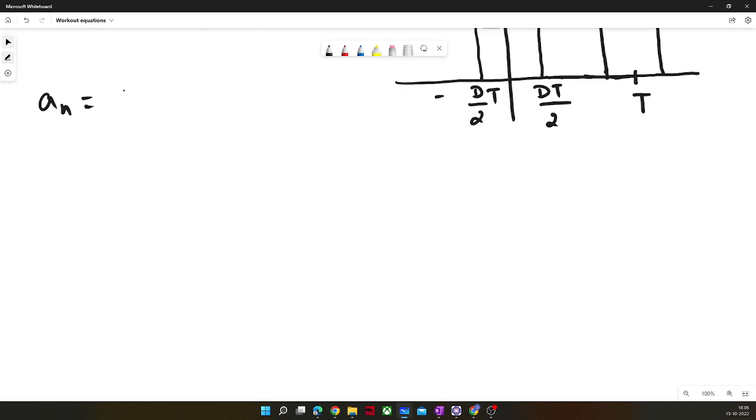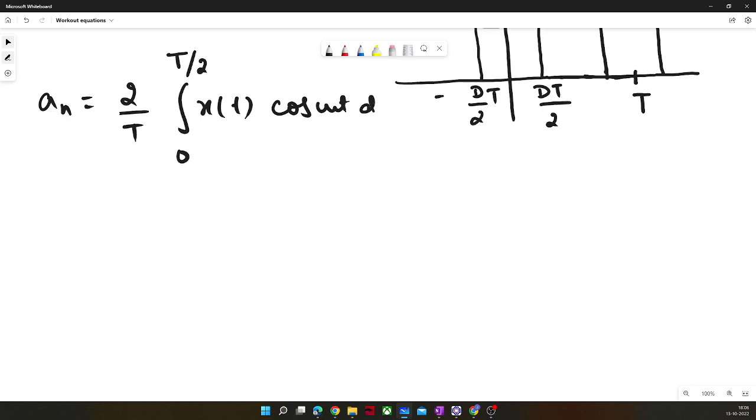An would be 2 by T, integral from 0 to T by 2, x of t cos omega t d omega t, like this.